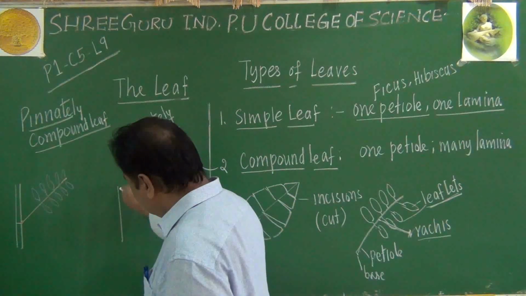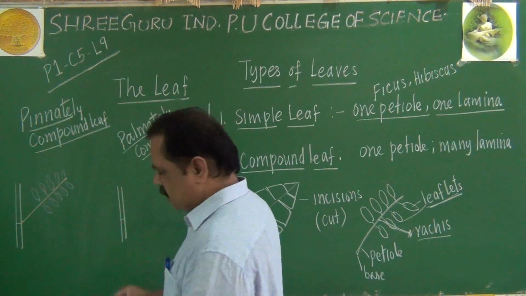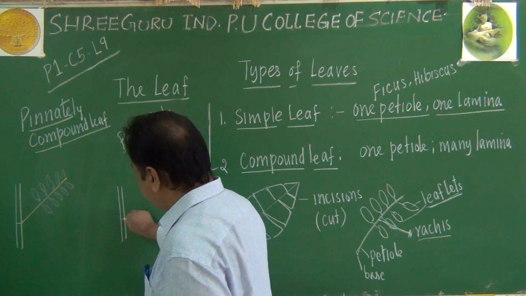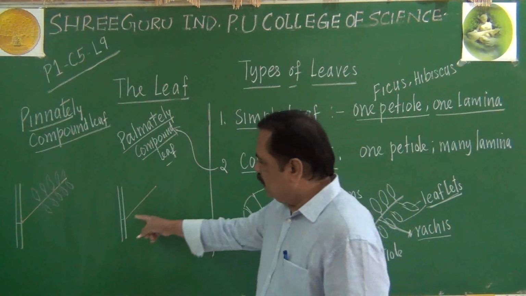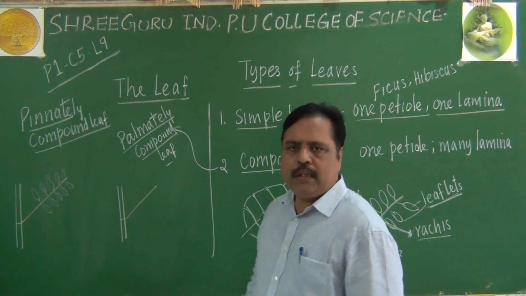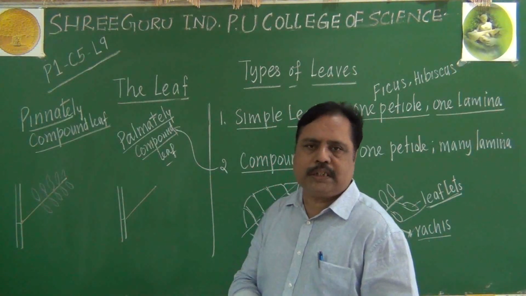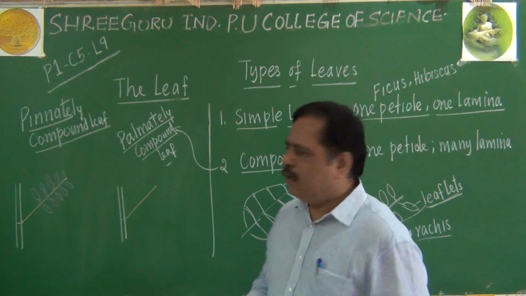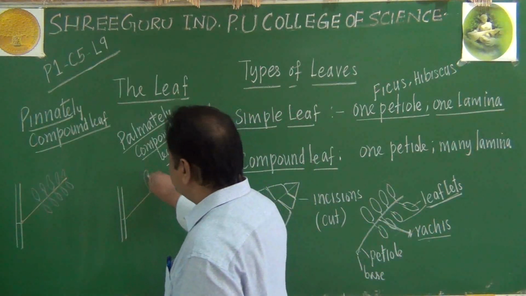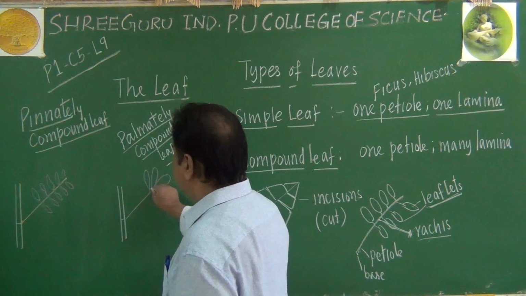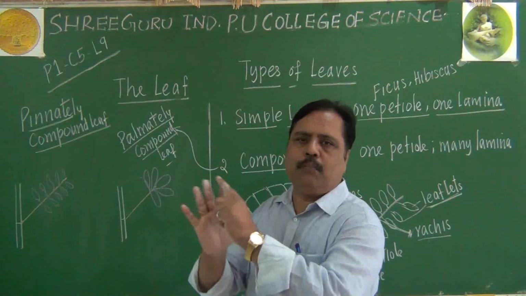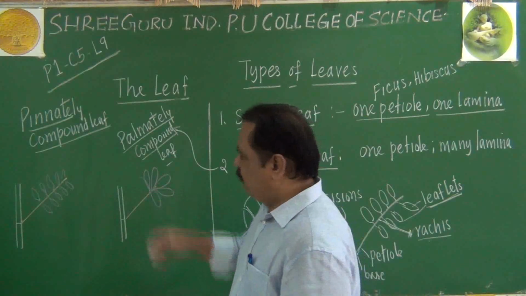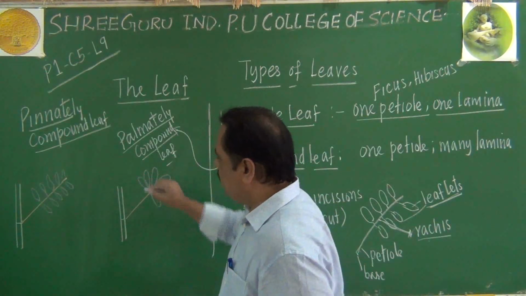Here also there will be a stem, nodes, and a leaf base extension like this. But on the rachis, leaflets are not present on the sides; leaflets are arranged at the tip like this, like our fingers. As we have palm and fingers, here leaflets are arranged in this manner.